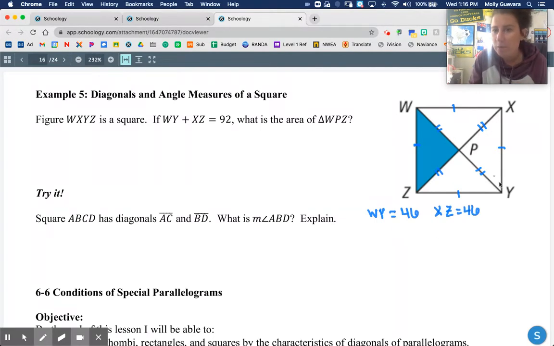So WY is 46, and that's great, but what about if I want to know WP? It'll be half, again, of 46, which is 23. So I know that all of these lengths are 23. Okay, so hopefully that makes sense.